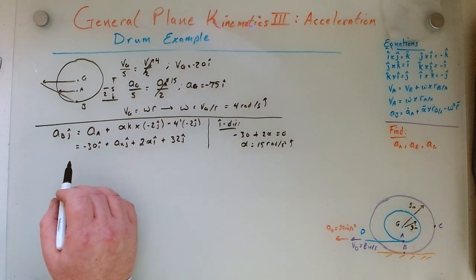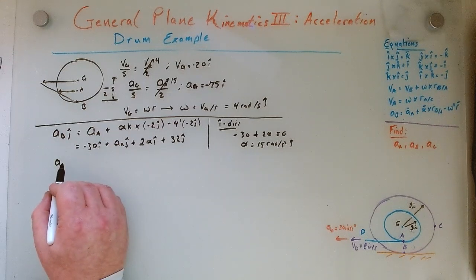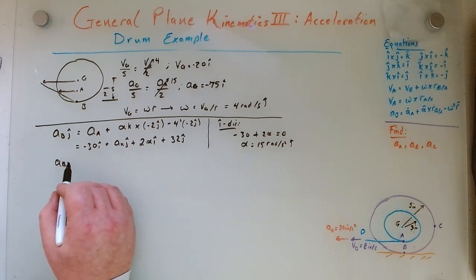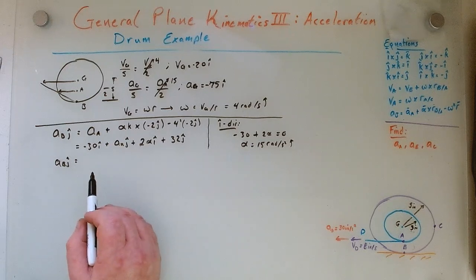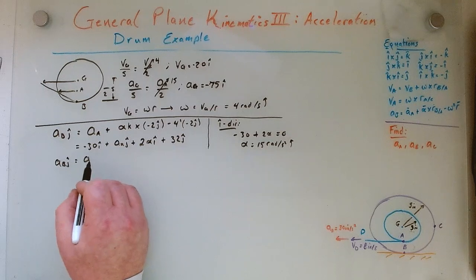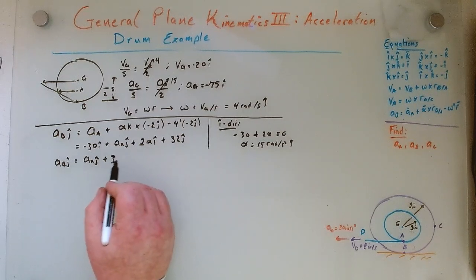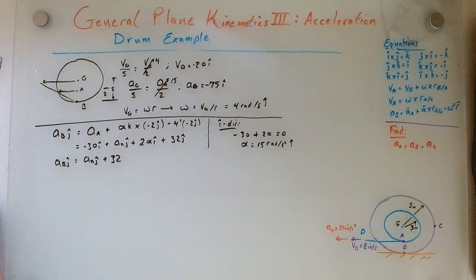All right, so a sub b j equals, what we have here, this is the j direction, so a sub n j plus 32. Right? Not sure that we can go much further with that.